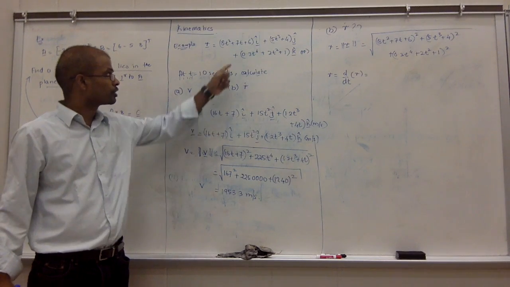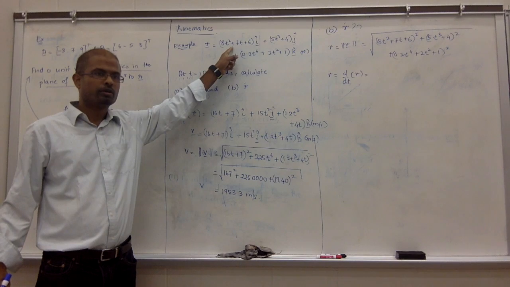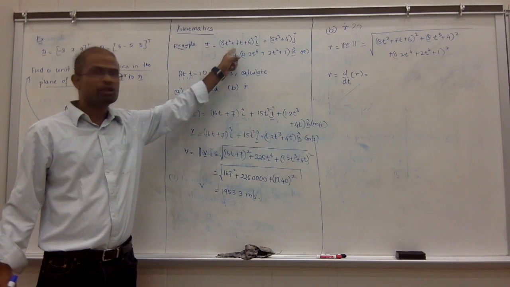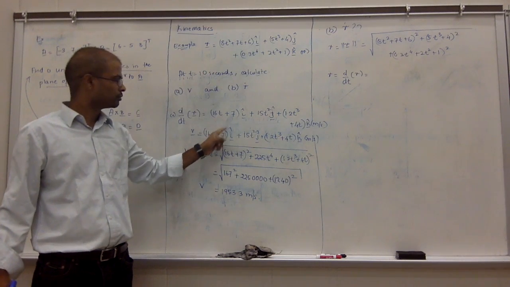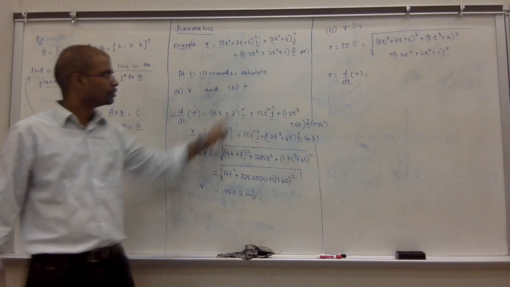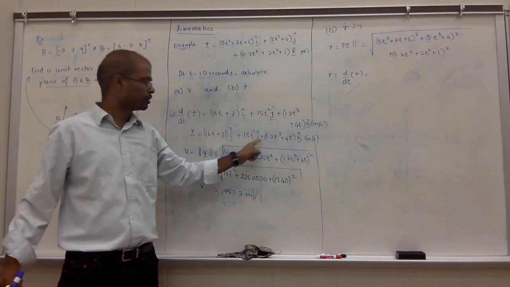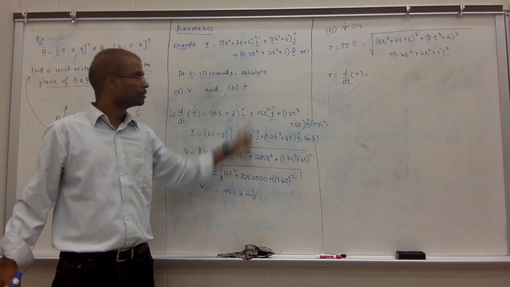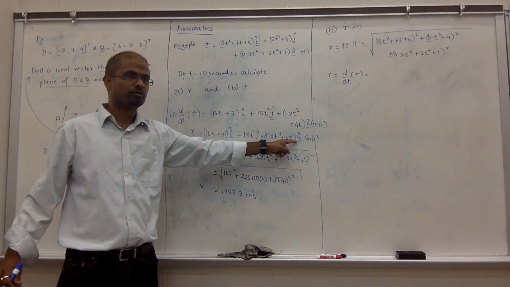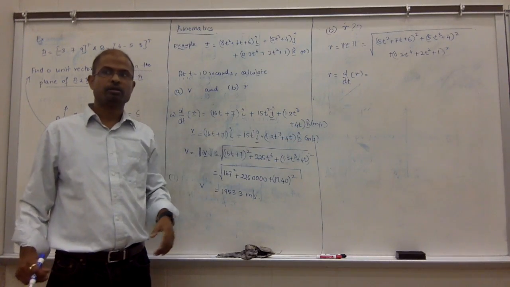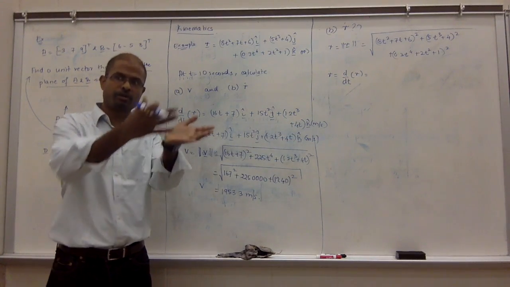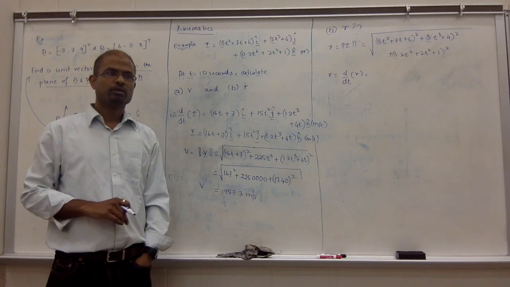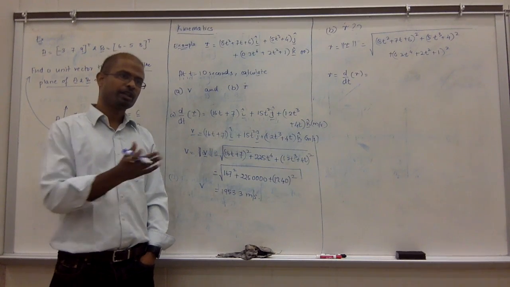The direction initially was this, right? You see, the I component is changing, the J component is changing, the K component is changing. So that's a totally different direction, right? Do you understand why the direction is changing?